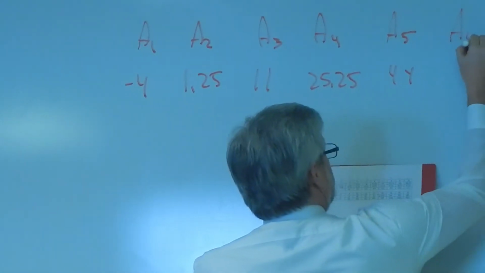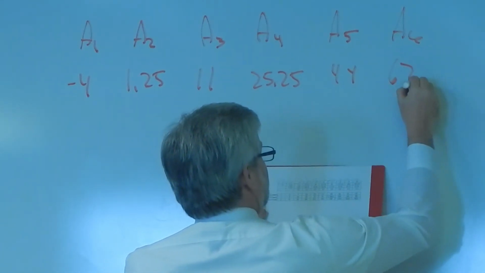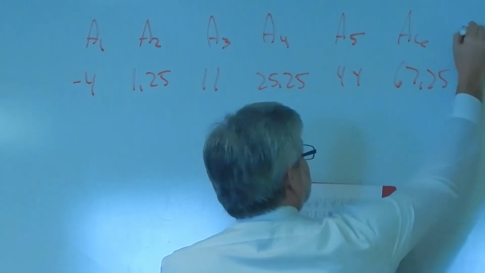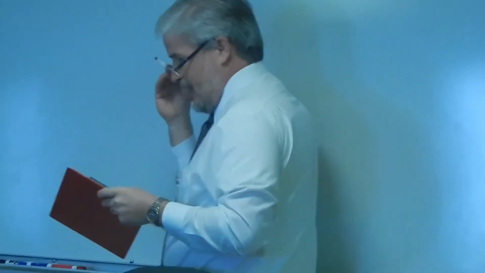A6 is going to be 67.25. And then it just keeps going. So this is a series of numbers: -4, 1.25, 11, 25.25, 44, 67.25. Now I'm going to ask you, what's the 10th term in that series?